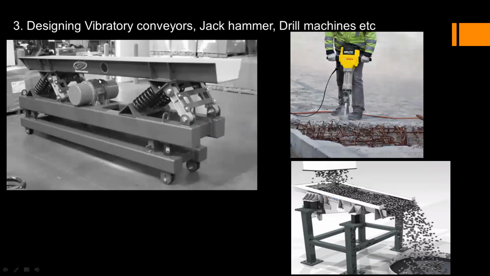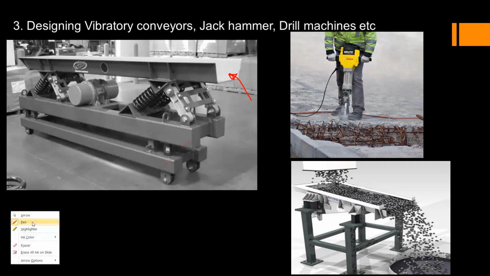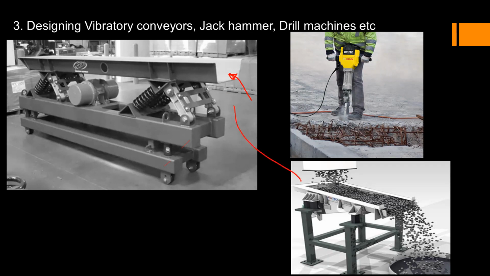The next application area is designing vibratory conveyors, jackhammers and drill machines. In all these machines there is a spring and damper arrangement. You can observe in the first image one vibratory conveyor, used in the mining industries. Observe the second image.